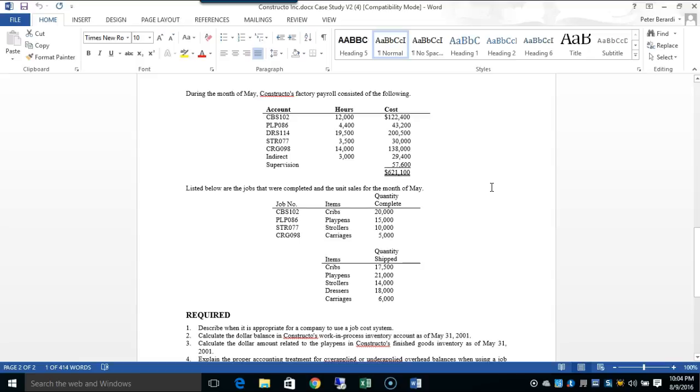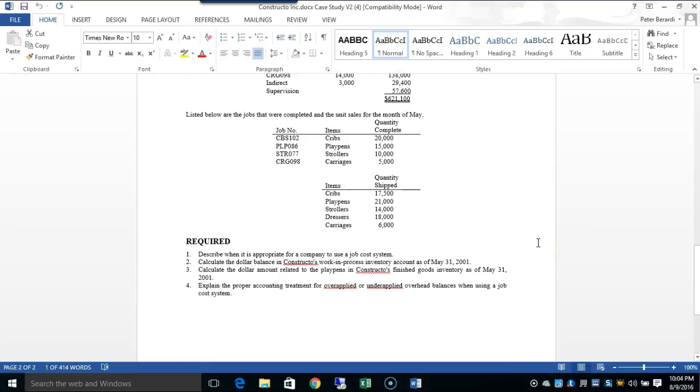So essentially, that's your current production, and that'll get you your rate, your cost per unit of playpen, to get you your finished goods inventory for playpens only. So those are the relevant costs you need to go through that.